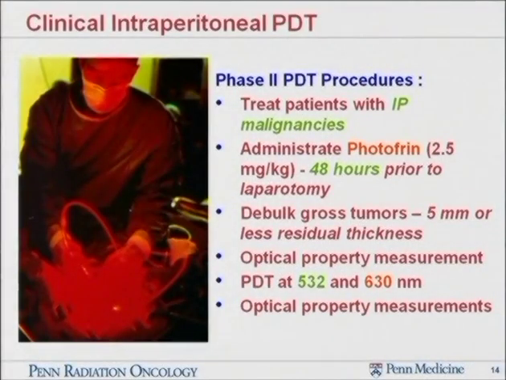Basically, it is not only the optical properties, but the optical absorption spectrum can be separated into different components, which will give you these components' concentrations. So here are some of the results based on these. This is one of the protocols, in intraperitoneal cases. Photofrin, 48 hours. Treatment uses two different wavelengths: 532 is for the internal organs like small bowel and large bowel, and 630 is for the entire cavity.